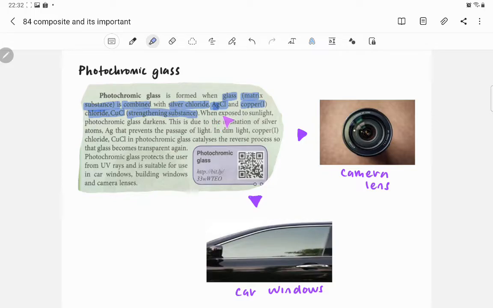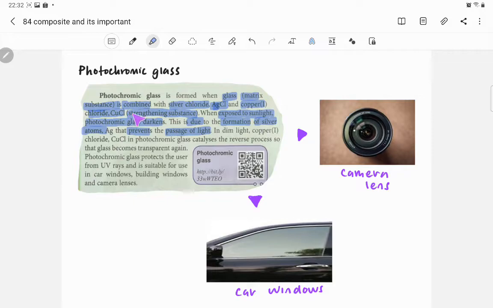So, when exposed to sunlight, photochromic glass darkens. You need to remember, when exposed to sunlight, photochromic glass is darkened. This is due to the formation of silver atoms that prevent the passage of light.